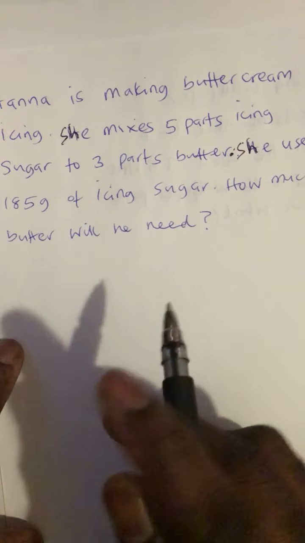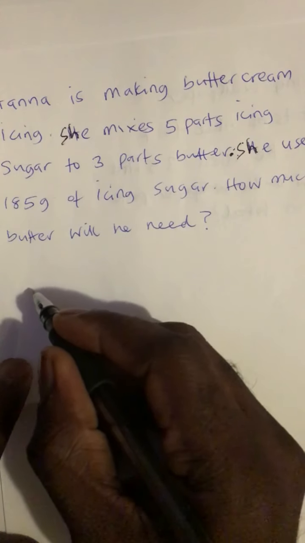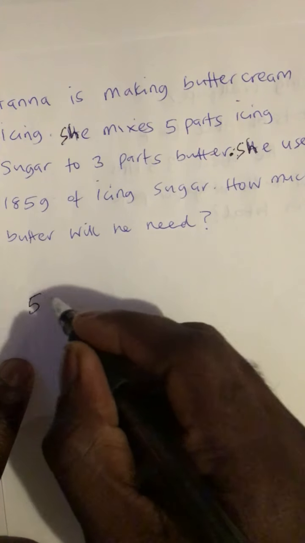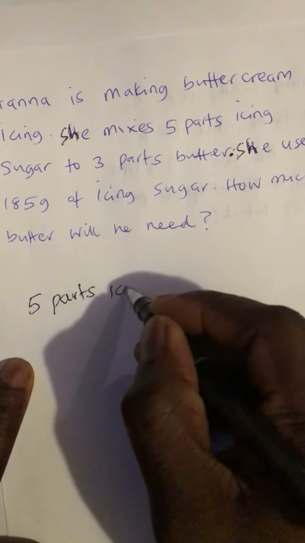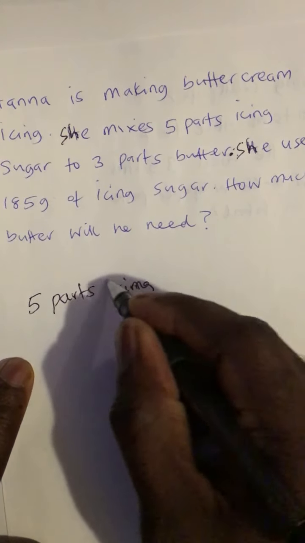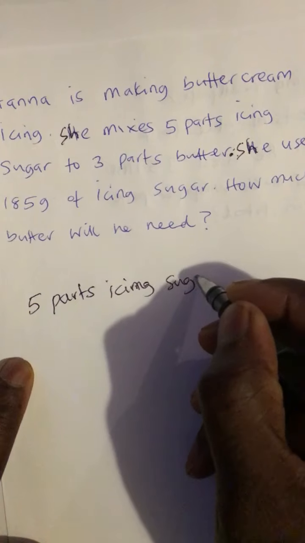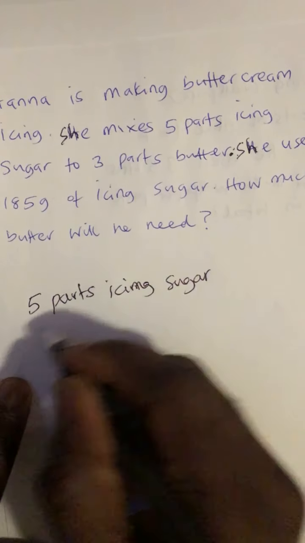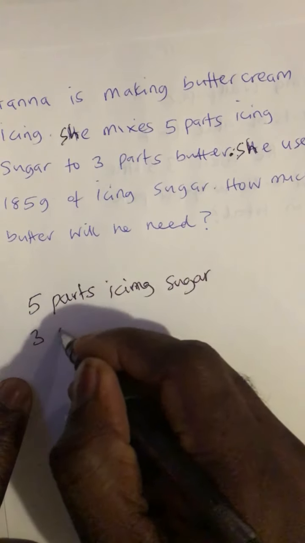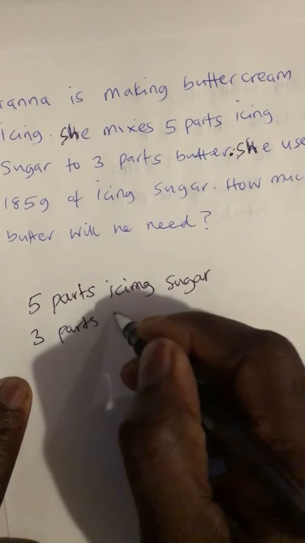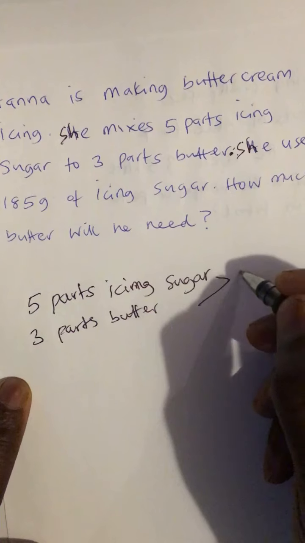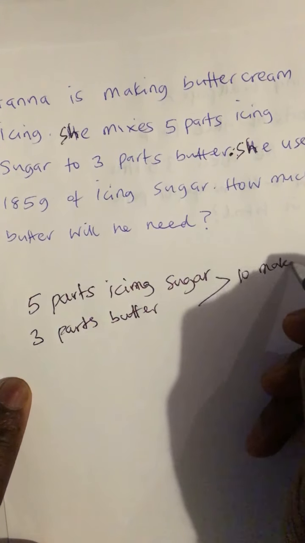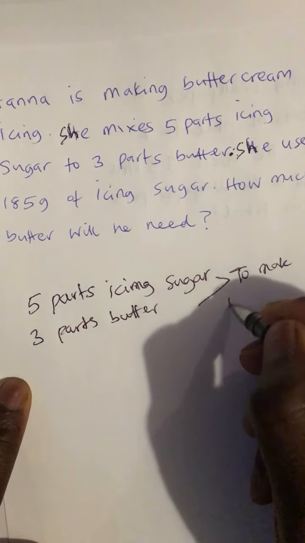So we have here 5 parts icing sugar to 3 parts butter to make a buttercream.